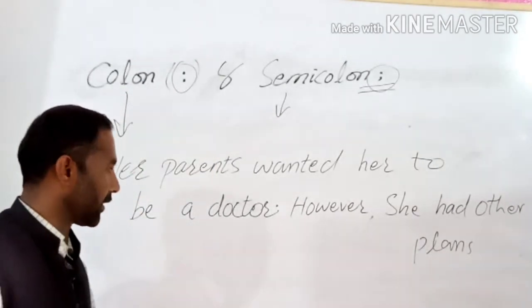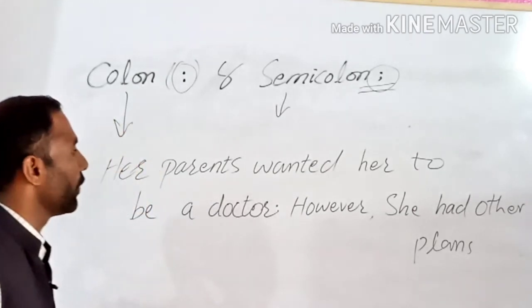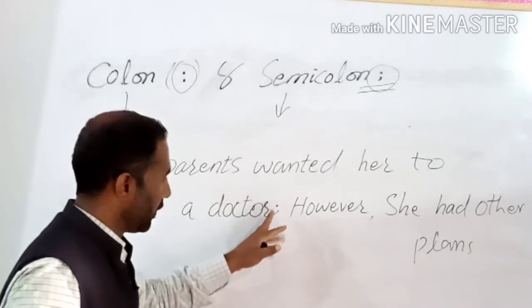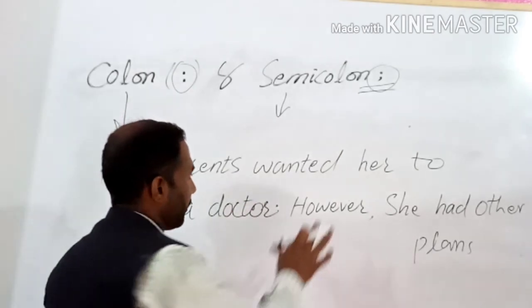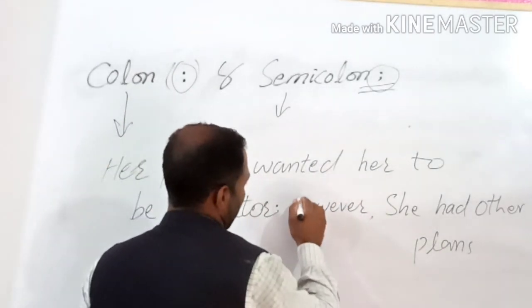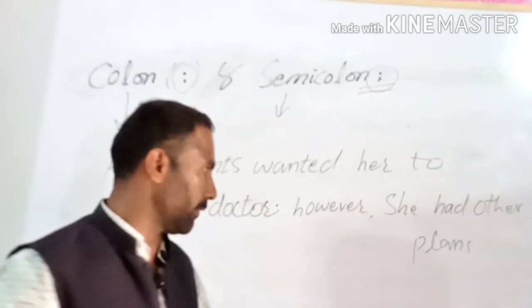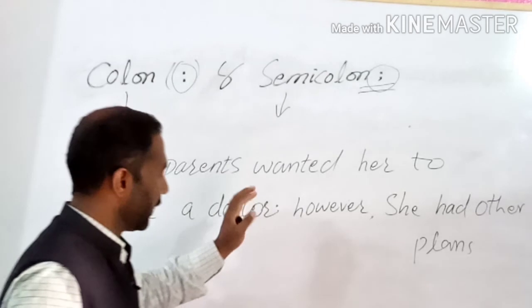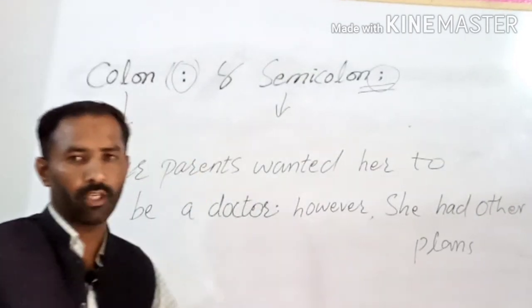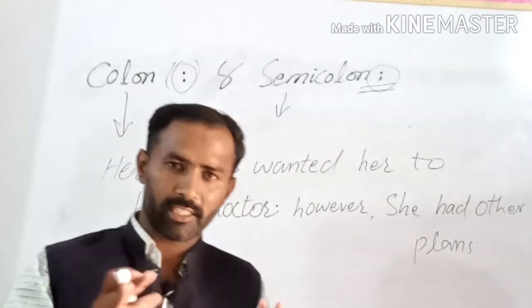So this is the extra information about the punctuation mark. After the semicolon and the linking word we use a lowercase letter, that means a small letter. So you have to keep in mind these are the rules of using colon and semicolon.